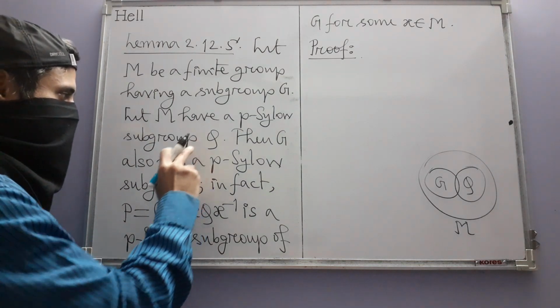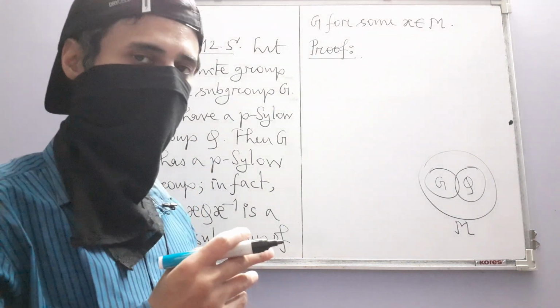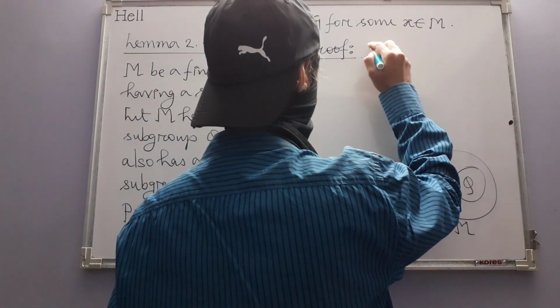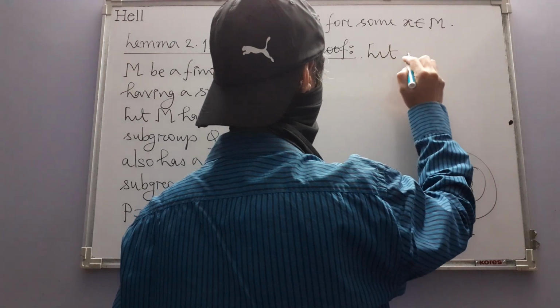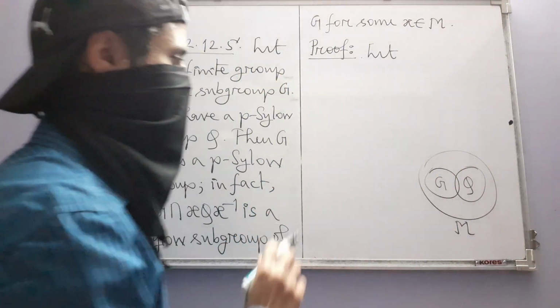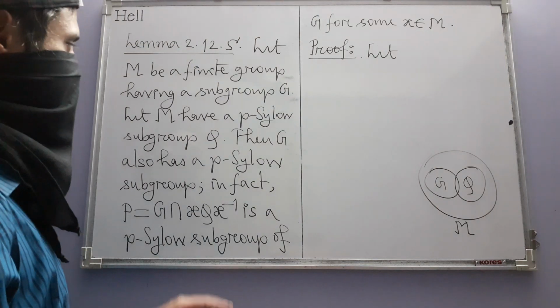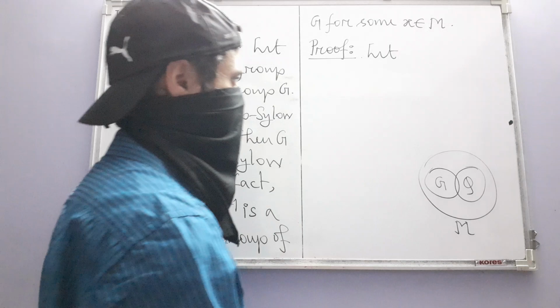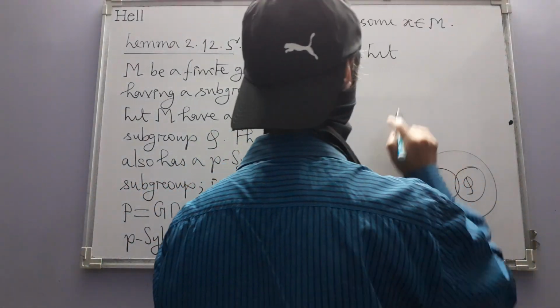That means Q has some order which is a power of this prime p. Let that power be p to the power m. That means p^m is the largest power of p dividing the order of M. No higher power divides the order of M.